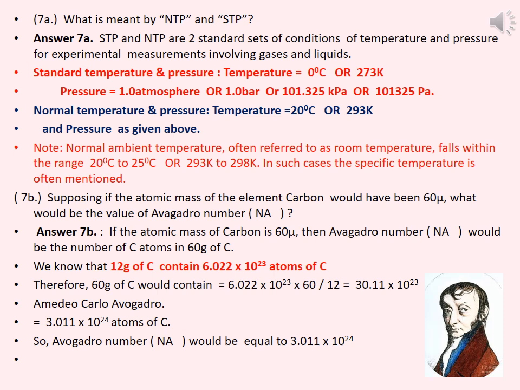Here we have to note that often in problems it would be mentioned that the experiment is carried out at room temperature. Room temperature can vary in the range 20 degrees Celsius to 25 degrees Celsius, or 293 Kelvin to 298 Kelvin.